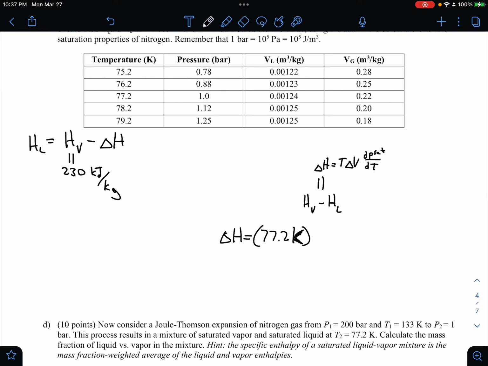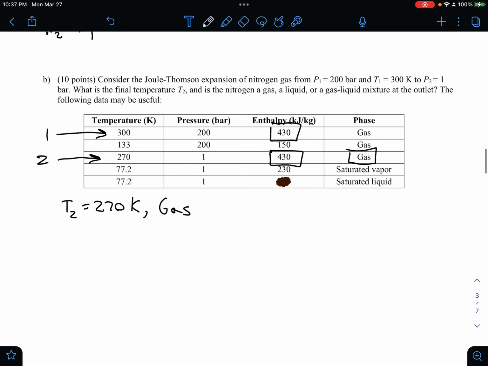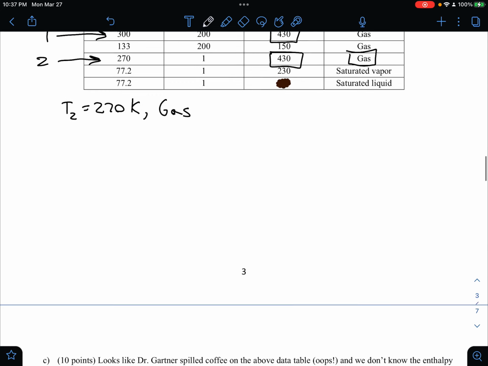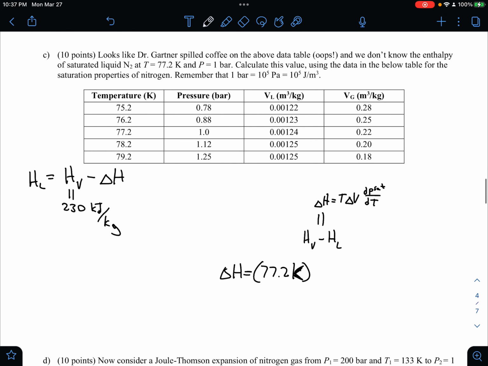Times delta V. Delta V is going to be at 77.2. Oh, here we go. This is going to be 0.22 meters cubed per kilogram minus 0.00124. And now we need to evaluate dP sat/dT.